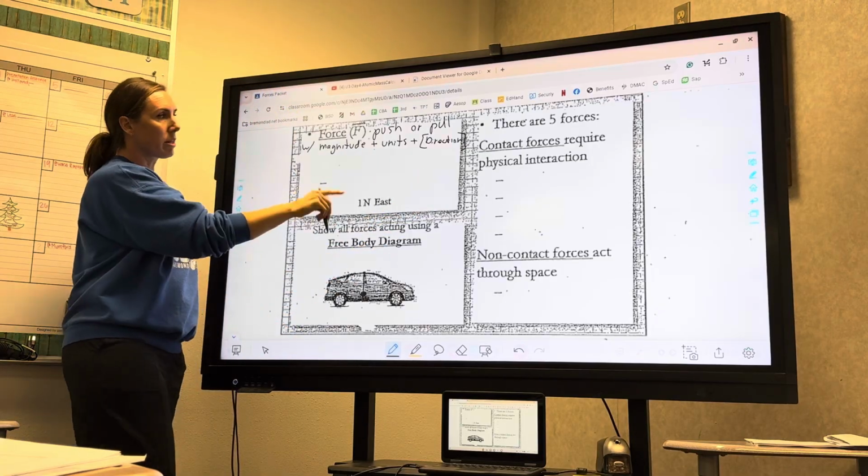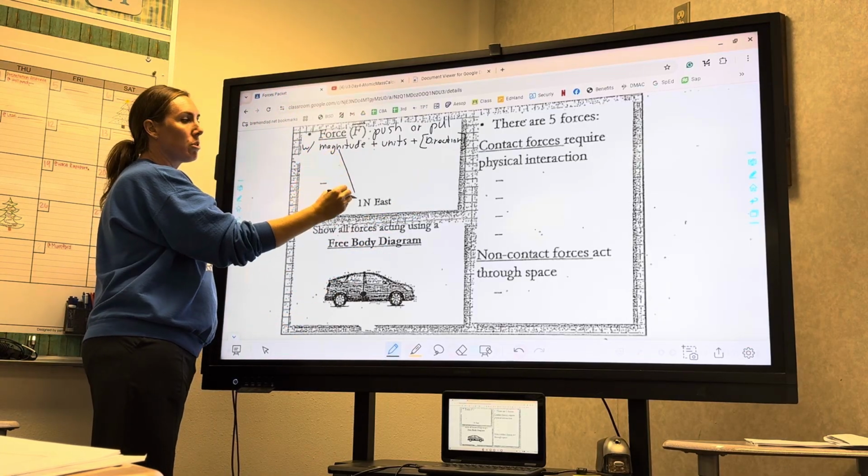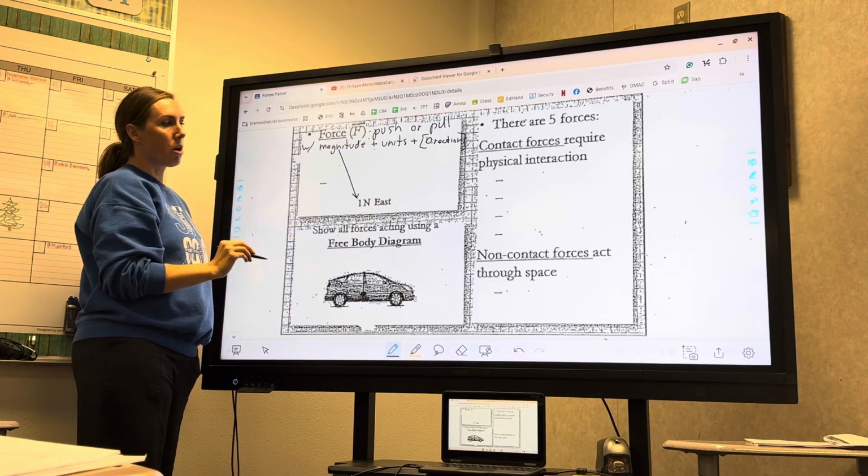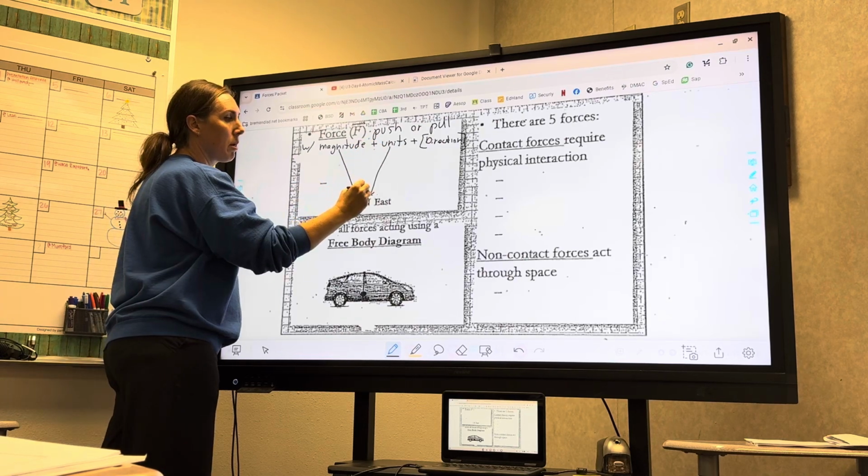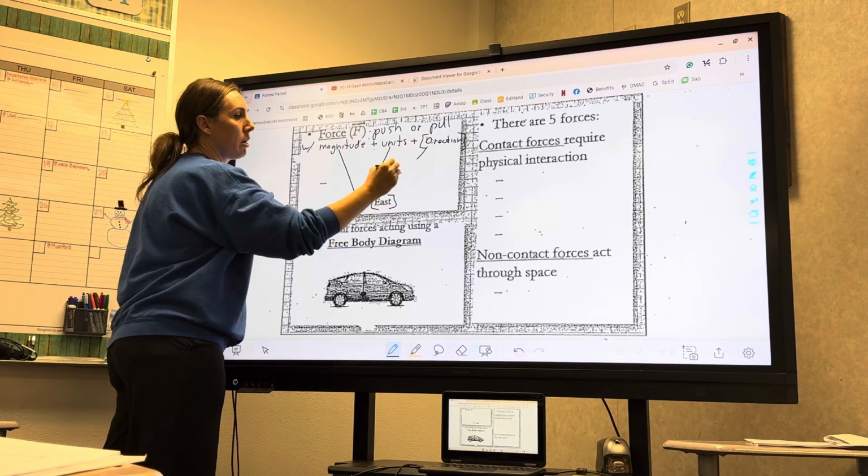Okay, and here's an example here. Our magnitude is our number. Units are now always in newtons. Bracket, direction.